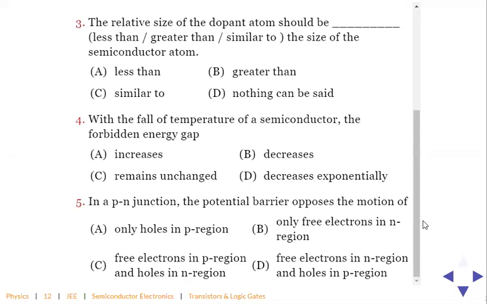Fifth one, in the PN junction, the potential barrier opposes the motion of, tell me. PN junction, right? So the barrier potential, it opposes the motion of what?